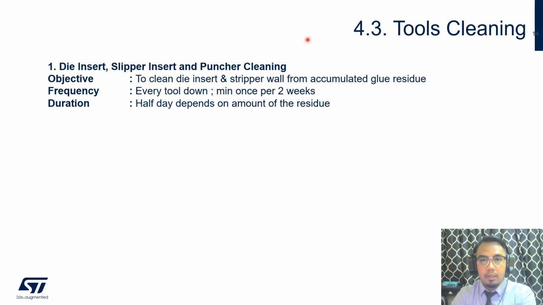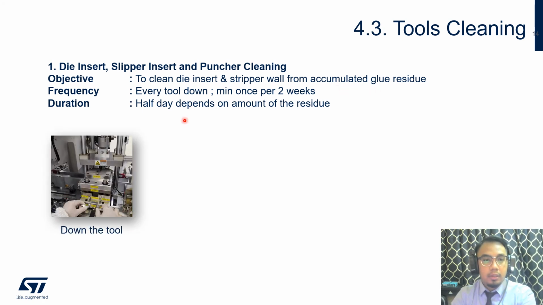So this slide is about tools cleaning, where we need to clean the die insert, stripper insert, and the puncher. The objective of this tool cleaning is to clean the die insert and the stripper wall of accumulated glue residue.